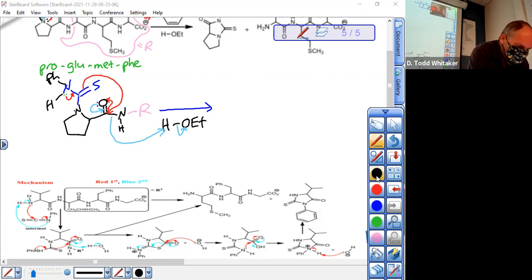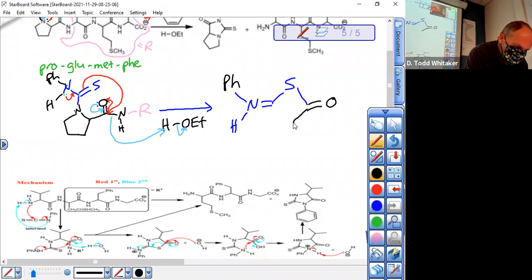So what we have here: phenyl comes to nitrogen with an H and a double bond to a carbon that has a sulfur on the top, goes to a carbonyl, goes to an C, that goes to an N attached there.